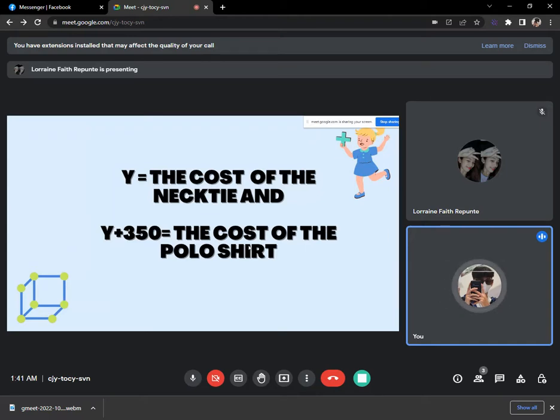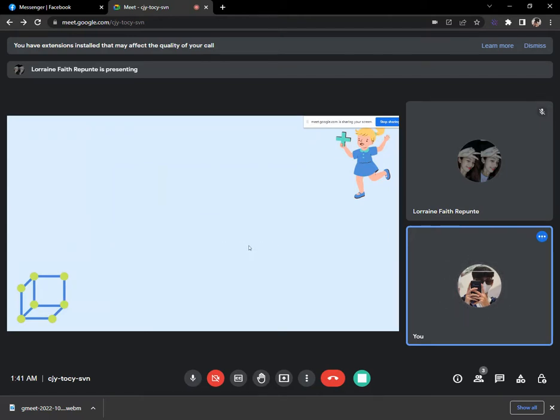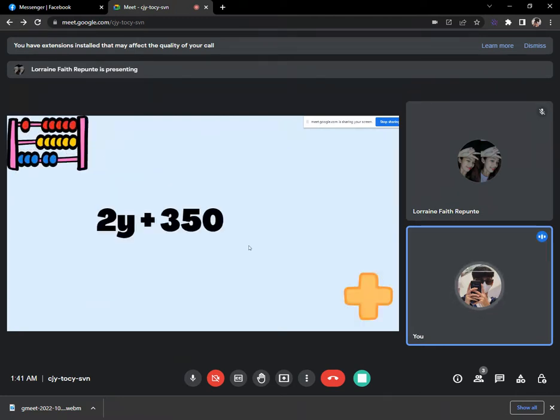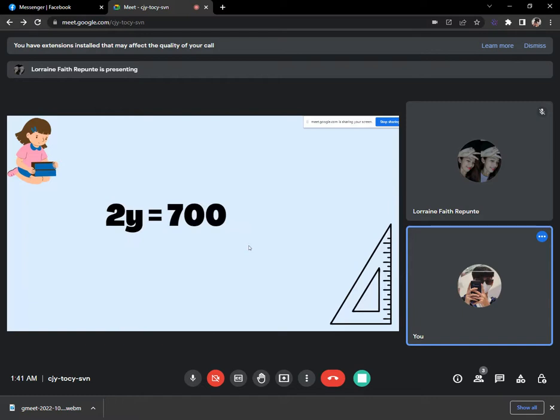So y plus y gives us 2y, plus 350 equals 700, so 2y plus 350 equals 700. To keep the equation balanced, we carry 350 from the left side to the right side and apply the inverse operation. So 2y equals 700, and the inverse operation of positive 350 is negative 350.